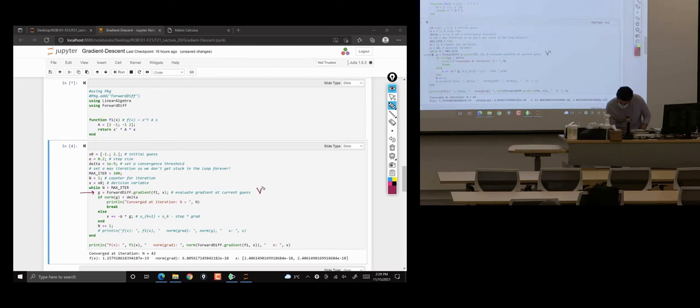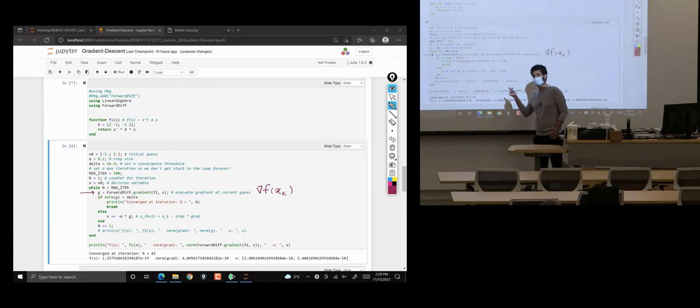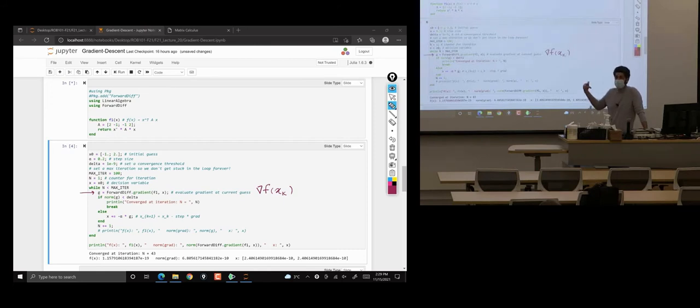This is the gradient of f at xk. Now, the function that I'm calling is gradient. Last time we used Jacobian, right? Of course, you can use Jacobian for the gradient as well, because gradient was a special case. But it has a different routine.